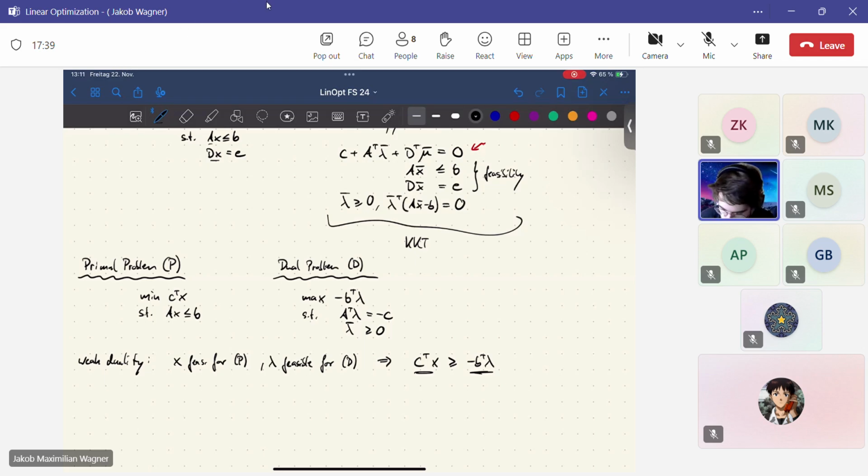We know that if we minimize the C transpose X, this can only get as low as this, minus B transpose lambda. And we actually have a little bit more.